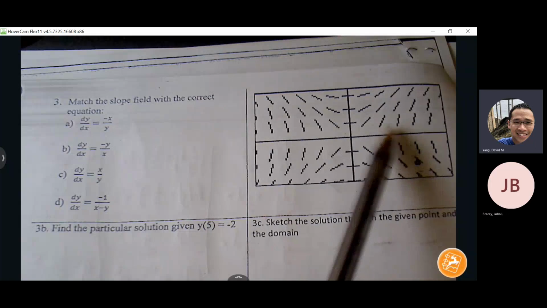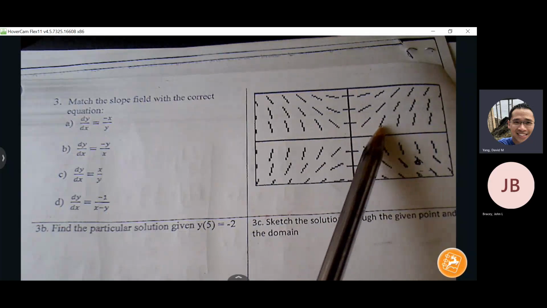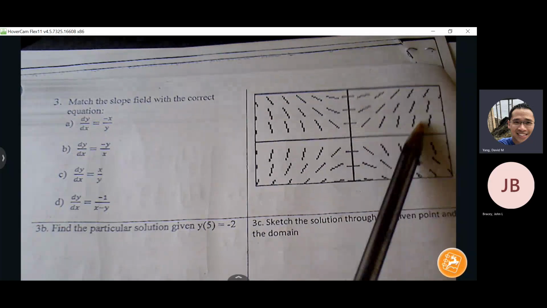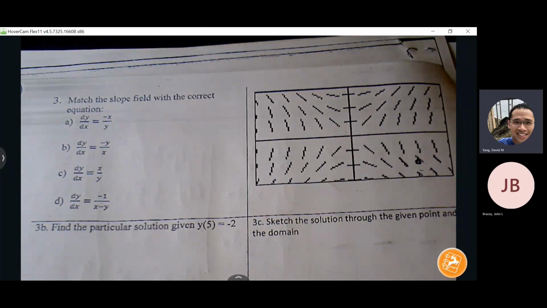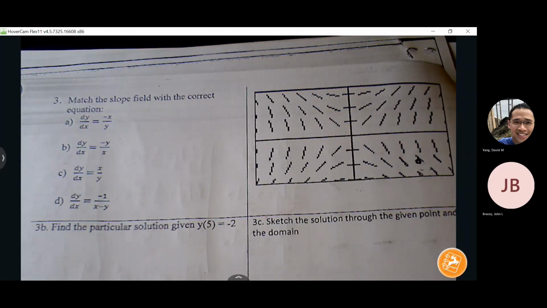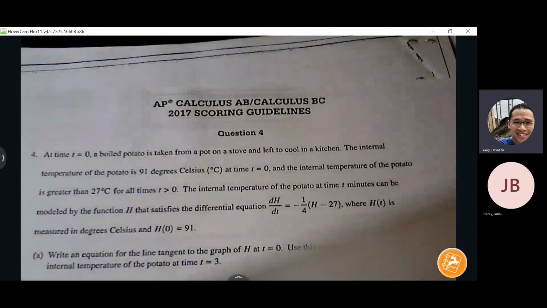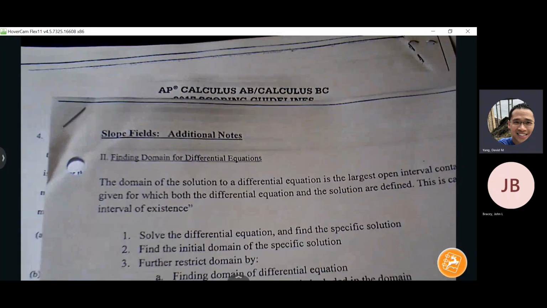We can tell a positive slope from a negative slope, but we don't know whether it's slope 1/2 or slope 3 or slope 5/2, and we're not expected to. There are additional notes on slope fields.